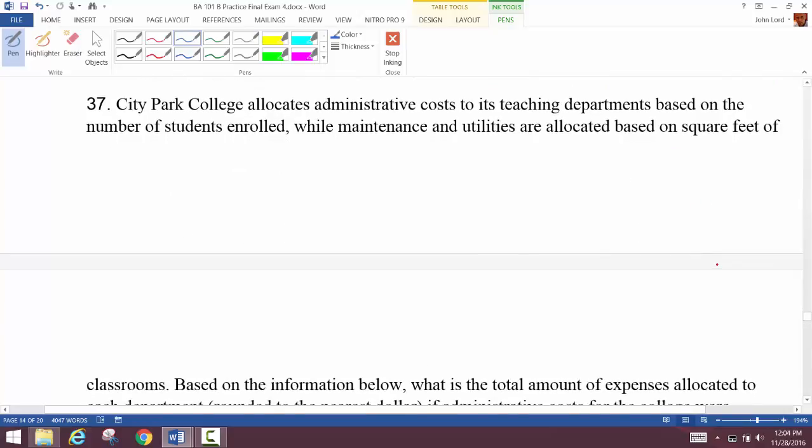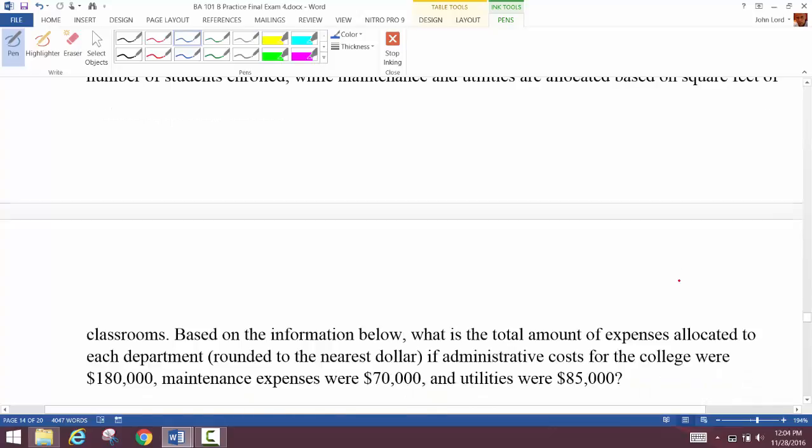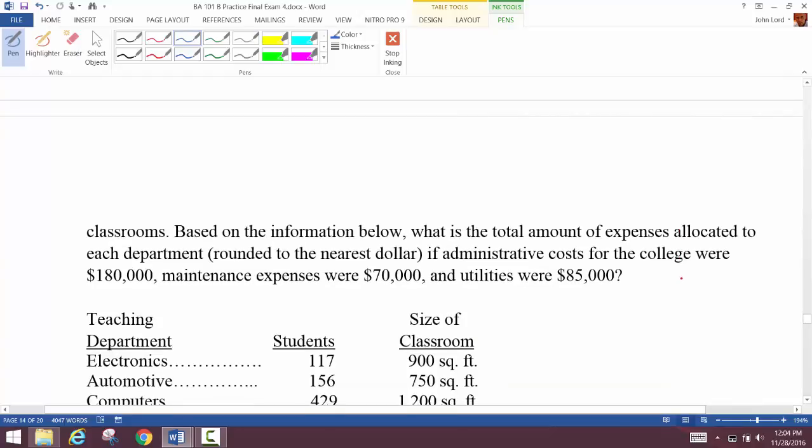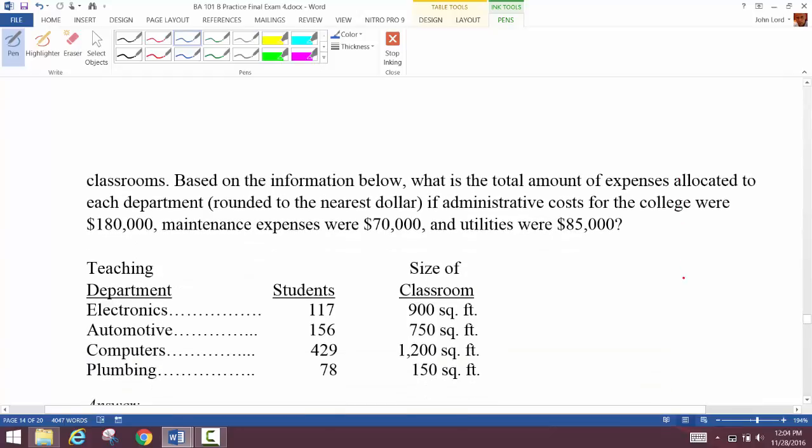City Park College allocates administrative costs to its teaching departments based on number of students enrolled, while maintenance and utilities are allocated based on square foot of classroom. Based on the information below, what is the amount of expenses allocated to each department if administrative costs for the college were $180,000, maintenance costs were $70,000, and utilities were $85,000?